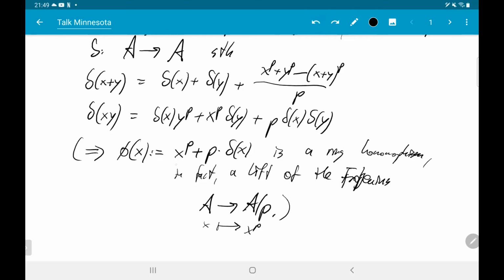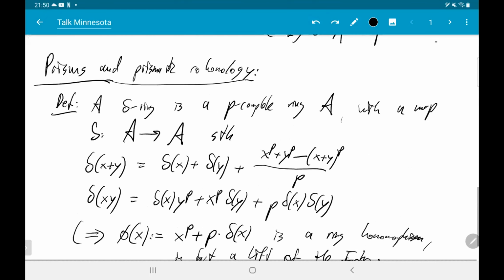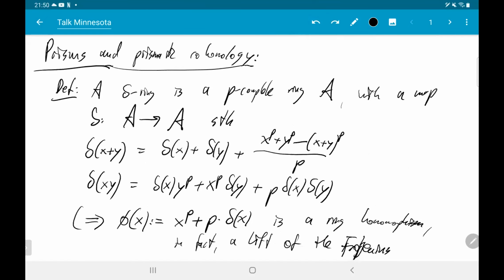From this train of thought, you can prove that on a torsion-free ring, a delta structure is the same as a choice of lift of Frobenius. So delta structures are the replacement for a ring with a Frobenius lift in the presence of p-torsion.